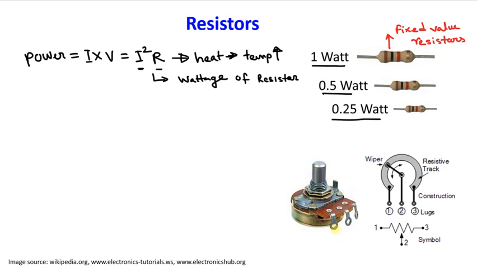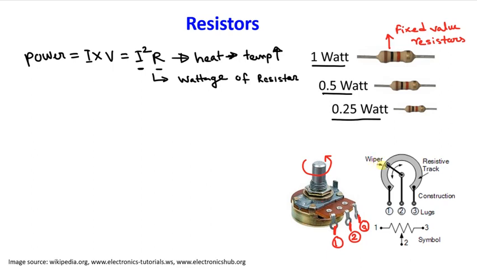This variable resistor has 3 terminals, right? Let me point them out. These are the 3 terminals: terminal 1, terminal 2 and 3. And this is the control knob, and if you rotate this control knob, the resistance between terminal 1 and terminal 2 or between terminal 2 and terminal 3 will change, right?